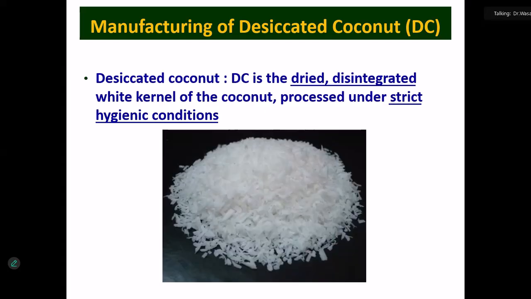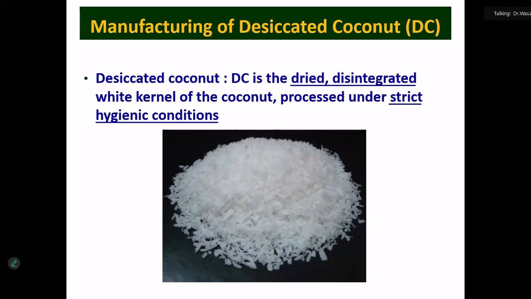Then you can see that in a DC factory there are 2 sections. I will explain in 10 steps. The first couple of steps we name as the wet section. DC factories have 2 sections, wet section and dry section.